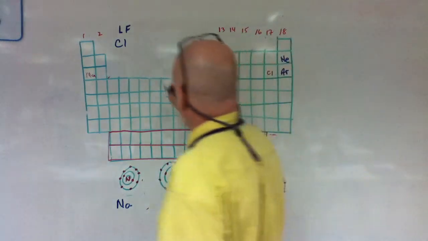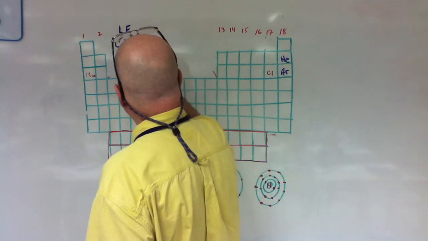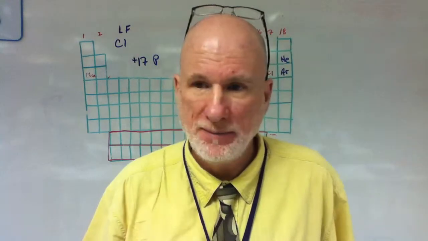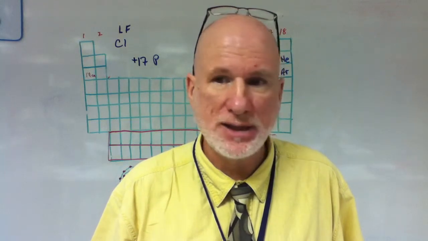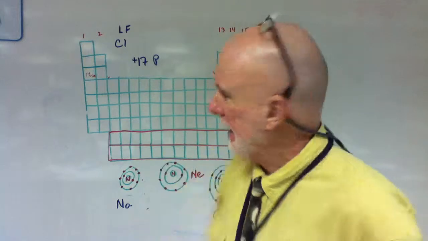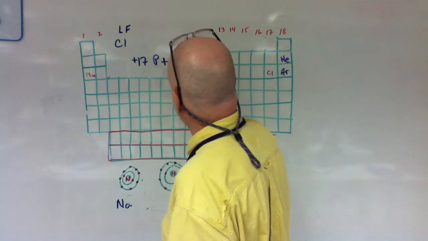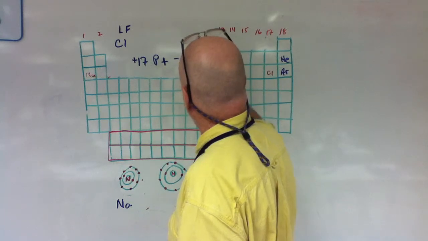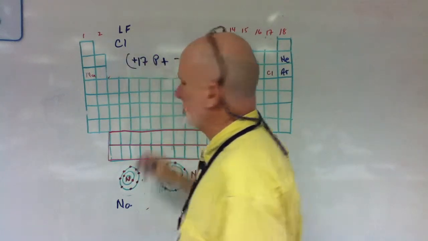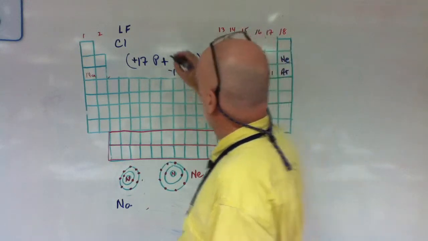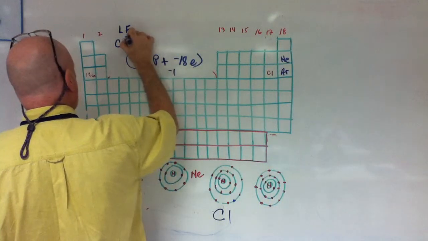So chlorine has plus 17, right? How many electrons does it have after it reacts? 18, plus negative 18 electrons, right? What's the charge? Minus 1, right? So this is chlorine minus 1.